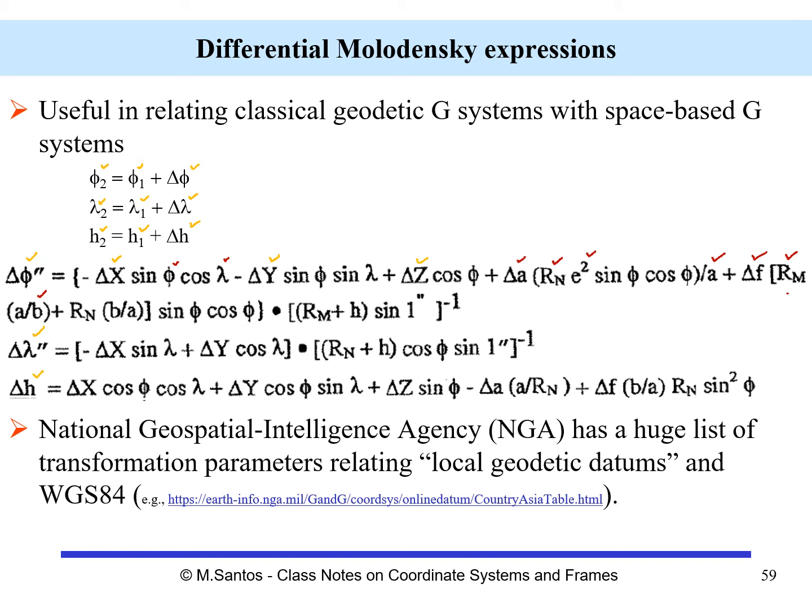Okay, and what happens is that inside the Department of Defense there is an agency called the National Geospatial-Intelligence Agency, or NGA. It has a huge list of transformation parameters relating local geodetic datums, that would be our classical frames, and WGS84. WGS84 is the geodetic system used by GPS.